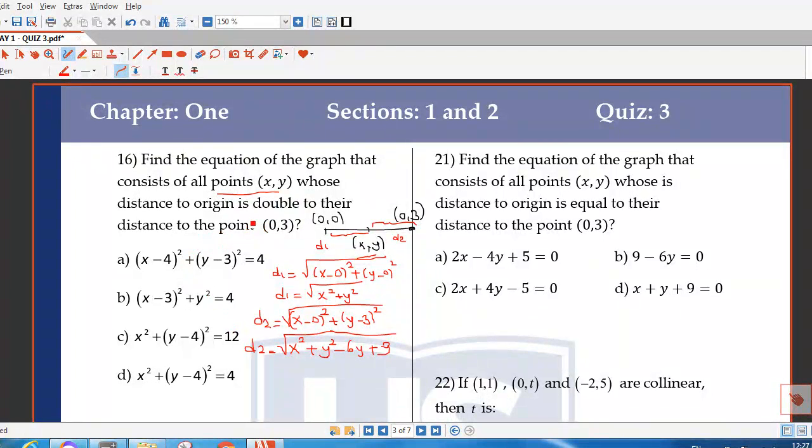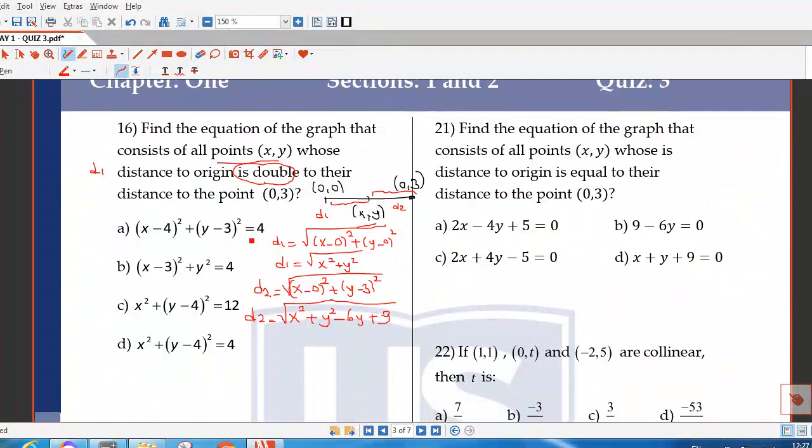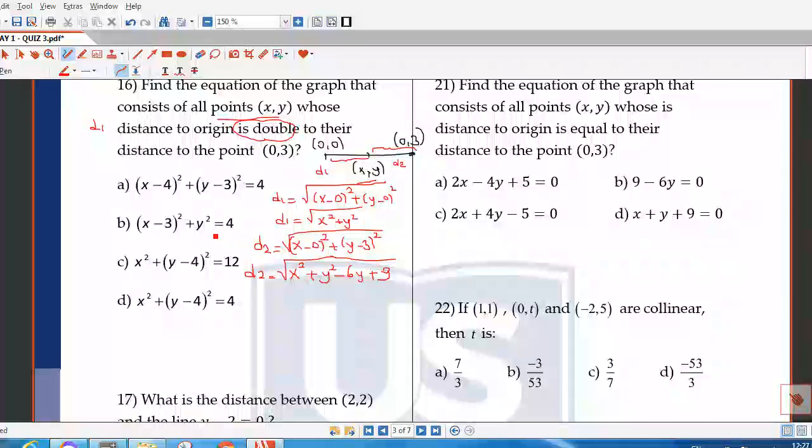If I turn back to my question again, one of the distances, if we call this distance d1, is double the other distance. I only translate word by word.